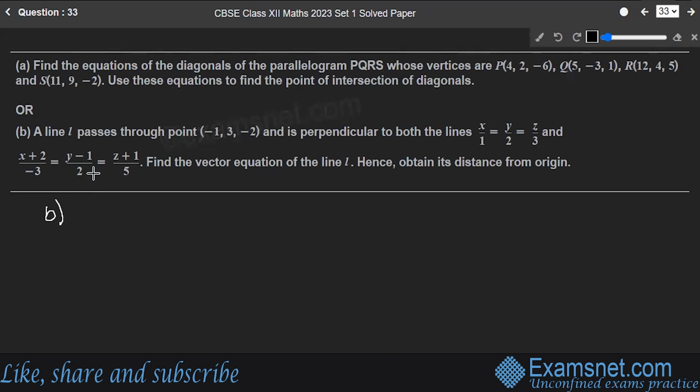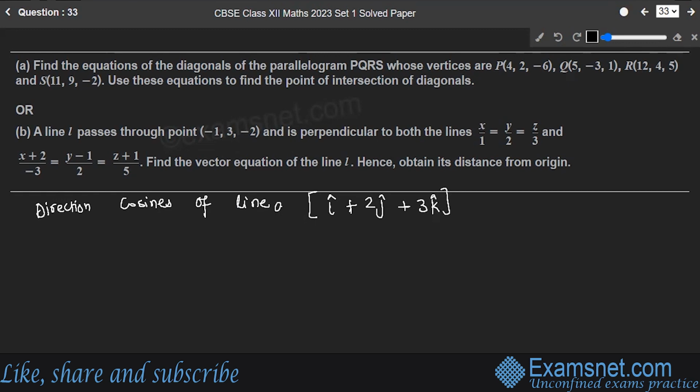Now the B question is, the line L is passing through this point and is perpendicular to these two. So first thing, we are given that the line is passing through this, perpendicular to this and this. The direction ratios of the first line are i + 2j + 3k.